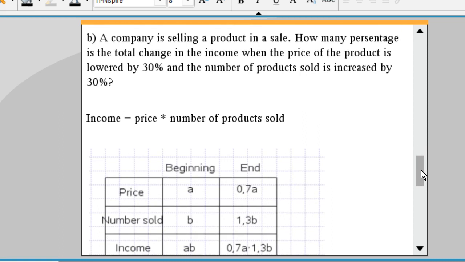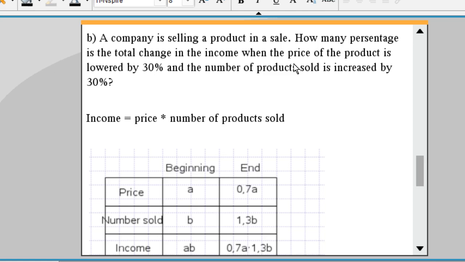Now this B type, again super typical, is a more challenging type of percentile question. Here's a company selling a product in a sale, and again we are asking how many percent is the total change in income for the company when the company is lowering the price of the product 30%, and at the same time the product will be sold more by 30%.